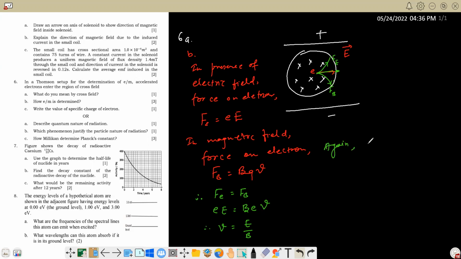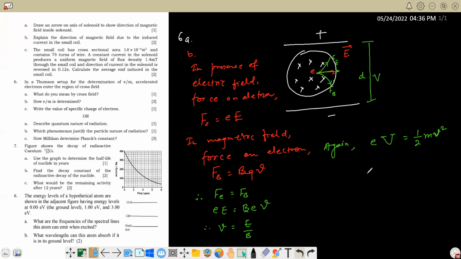For the kinetic energy of the particle, the kinetic energy will be given by eV, where V is the potential difference between these two plates and the distance is d. So eV will be equal to 1/2 mv², where this is small v.